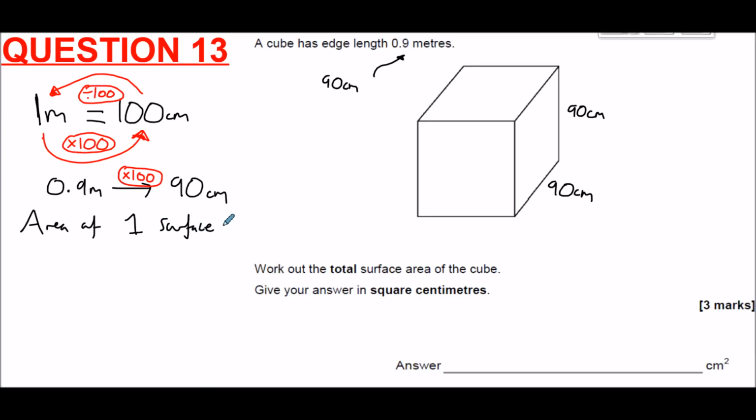The surfaces of a cube are all going to be squares. And so if I just have a look at this surface over here on the side, the purple surface, we can set about working out the area of this surface.